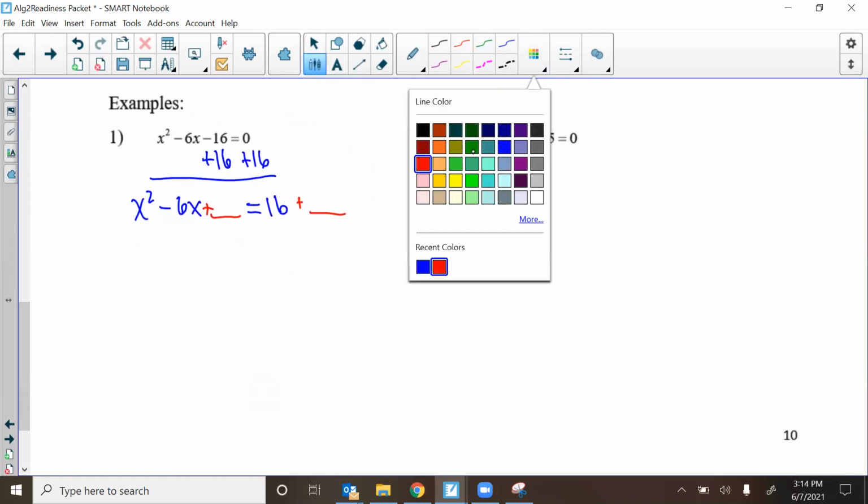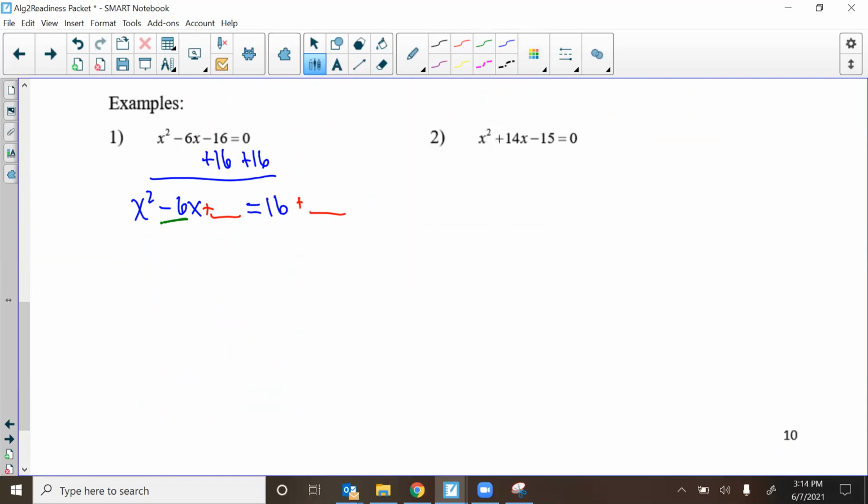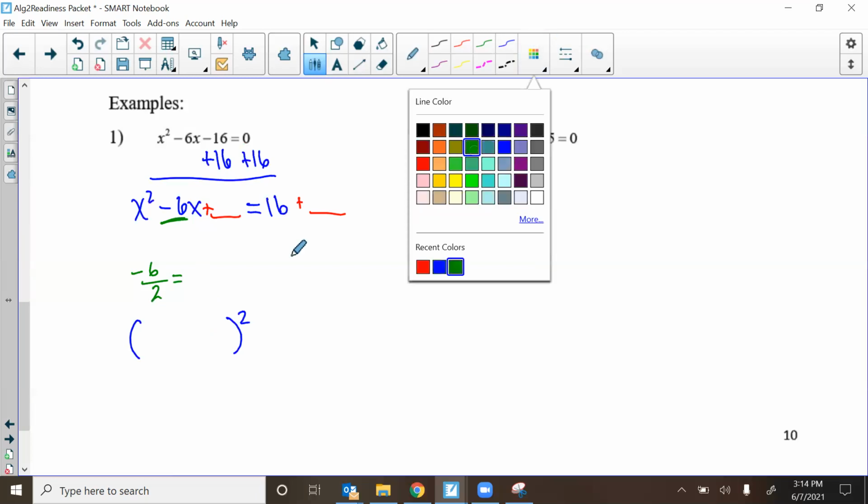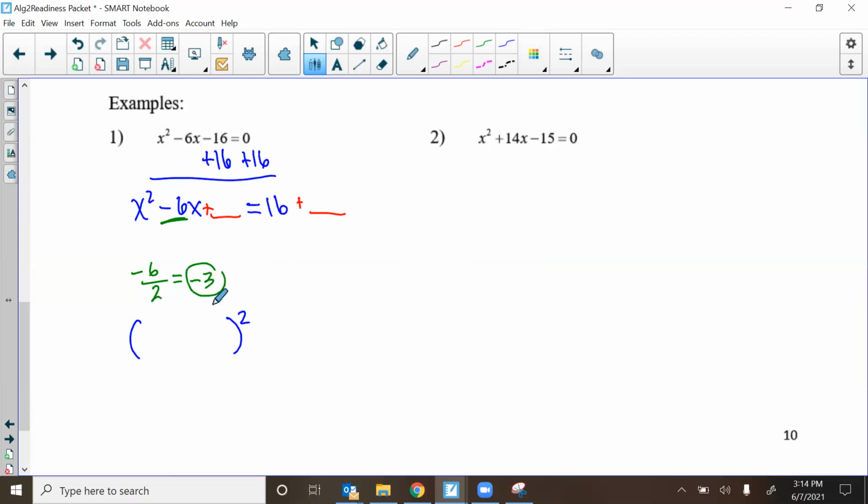This is almost the same as the one that we did earlier. I'm going to take that middle term, including the negative number, and I'm going to divide it by 2. And whatever I get there is going to go right here. So I have a -3. That's going to go right there. I have x's, so I'll use x minus 3.